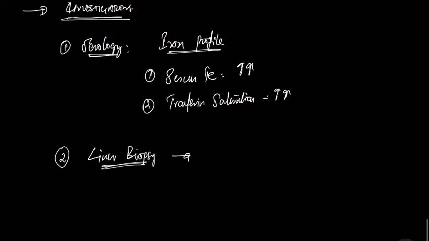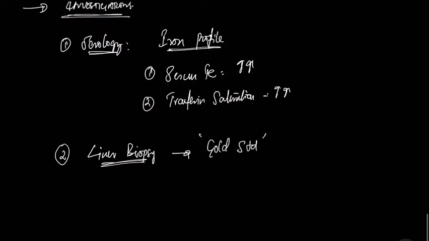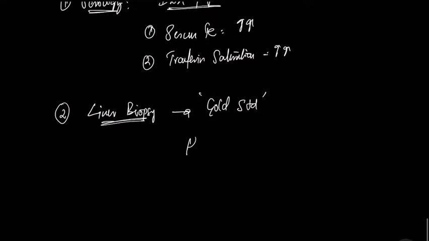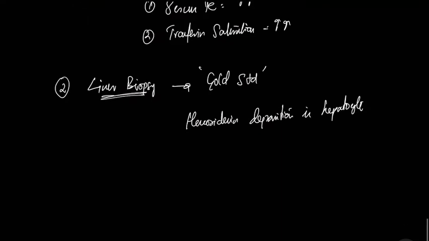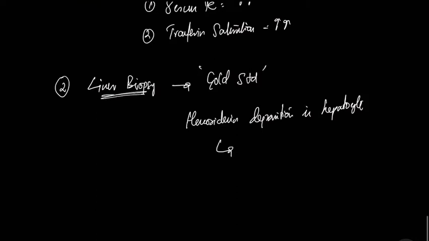All right, the second thing that we can do is your liver biopsy. All right, now the liver biopsy is your gold standard investigation. All right, for this condition. So what happens is that there is hemosiderin deposition in hepatocytes. All right, so this is what we check it for. It stains positive for Perls Prussian blue.